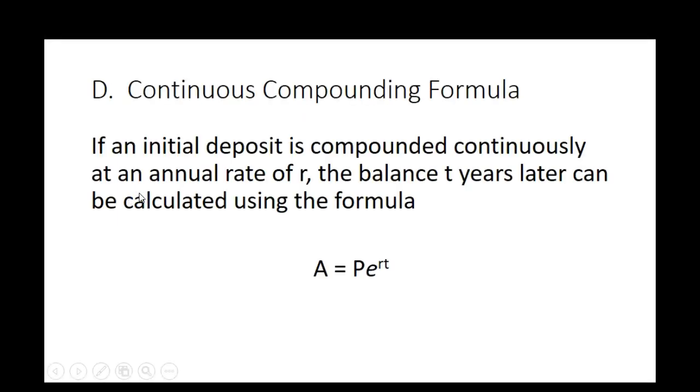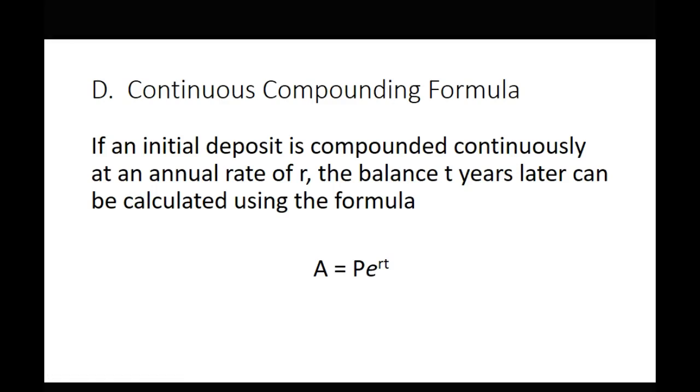So here it is. If an initial deposit is compounded continuously, the key word here is continuously, at an annual rate of R, the balance T years later can be calculated using this formula. And this is where we'll add our little note, okay? If R is positive, it's increasing.